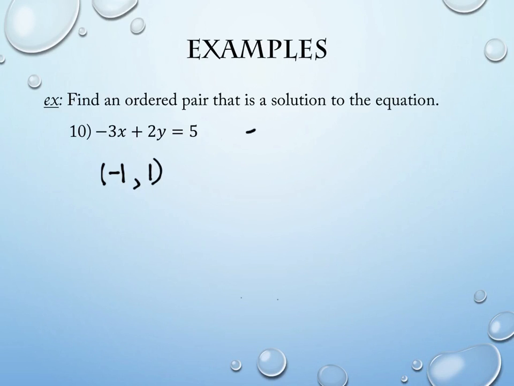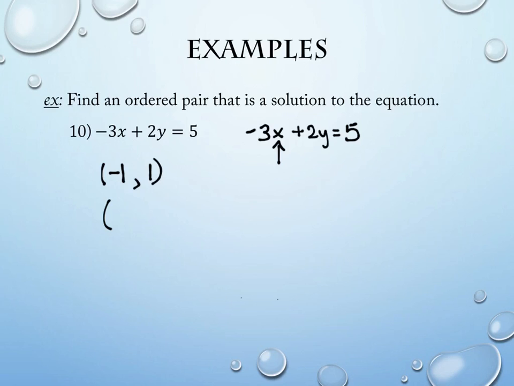So if we know what the x value is, we can plug in that value for x, and the only thing that will be unknown in the equation is y, and we can solve that for y pretty quickly.